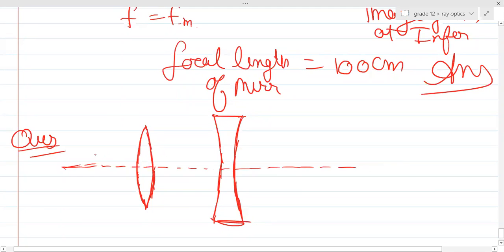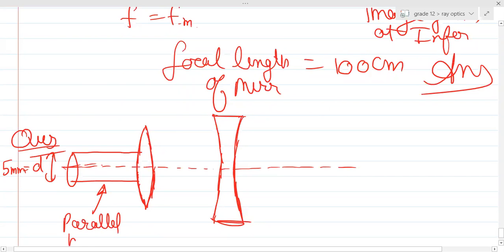Now the question is, a parallel beam of light is incident on it, of diameter d equal to 5 mm. So a parallel beam of light of diameter 5 mm is given to you.